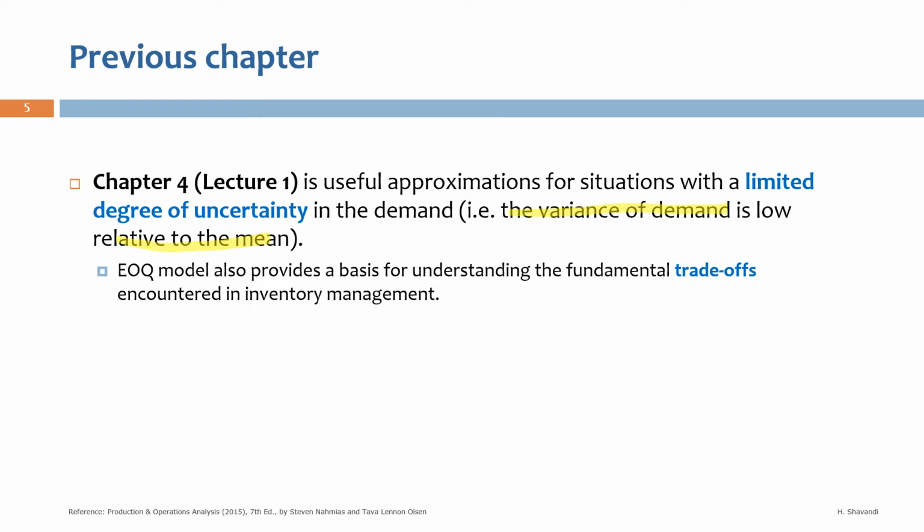And even if we cannot use the EOQ, the basis of understanding, the fundamental trade-off between the inventory holding cost and inventory ordering cost, still applies. We do a trade-off between these two costs in order to obtain the optimal order quantity, right? So that base can be used for uncertain models as well.